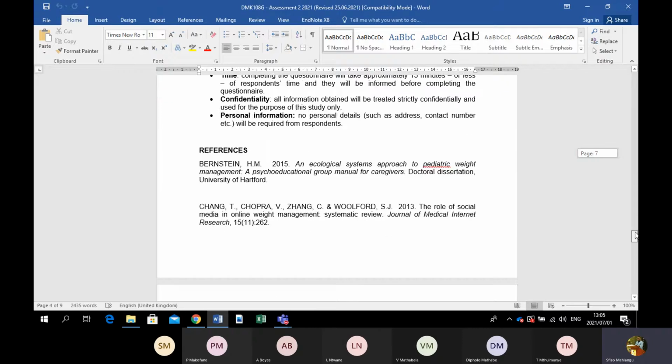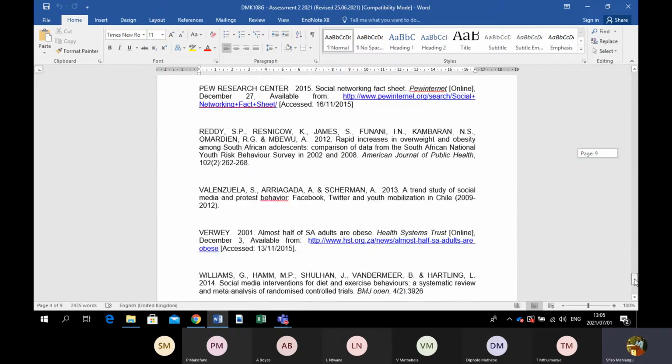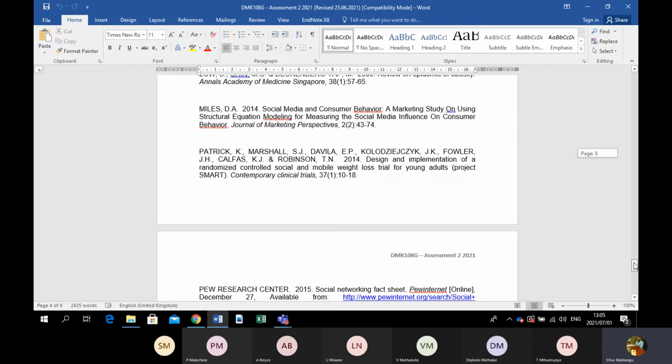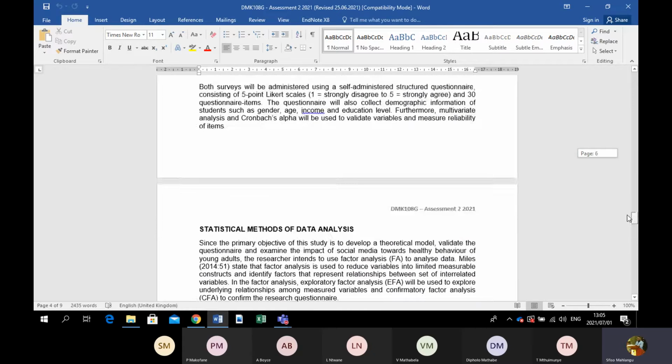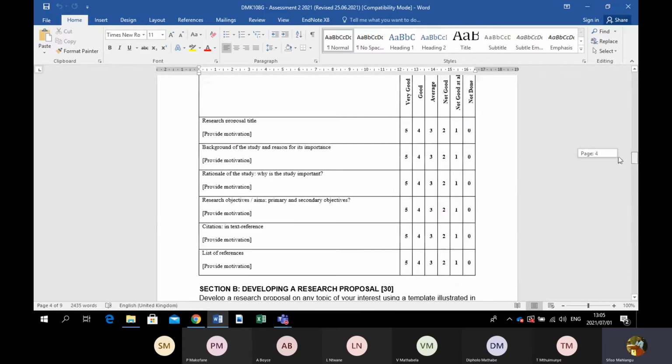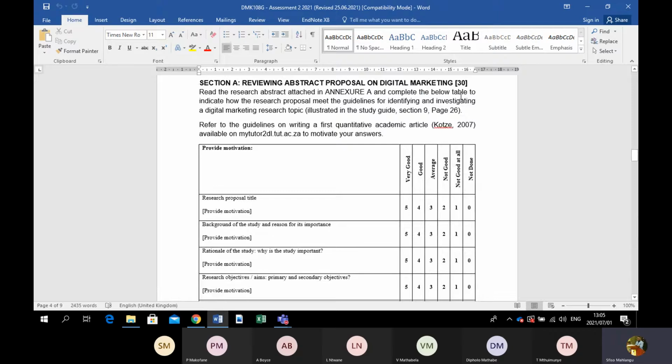It's about 3 pages. Review everything, including the references, and indicate. So if you quickly go back to the guidelines, it says, complete the table below to indicate how the research proposal meets the guidelines for investigating a digital marketing topic, as illustrated in the study guide, page 26.